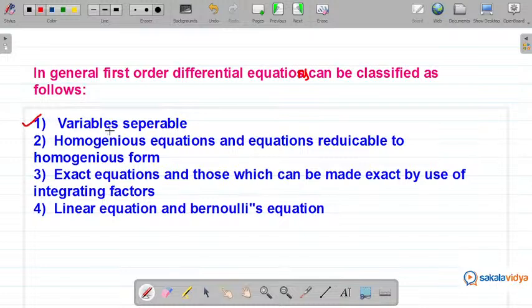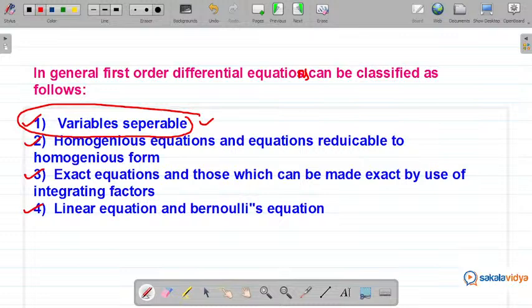The first one is variables separable, the second is homogeneous equations and equations reducible to homogeneous form, the third is exact equations and those which can be made exact by use of integrating factors, and the fourth is linear equation and Bernoulli's equation. We will study them one by one.